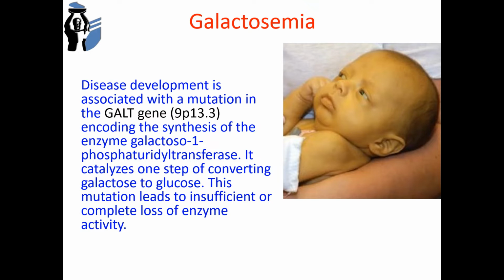Disease development is associated with a mutation in a GAL gene, encoding the synthesis of the enzyme galactose-1-phosphate uridyltransferase. It catalyzes one step of converting galactose to glucose. This mutation leads to insufficient or complete loss of enzyme activity.